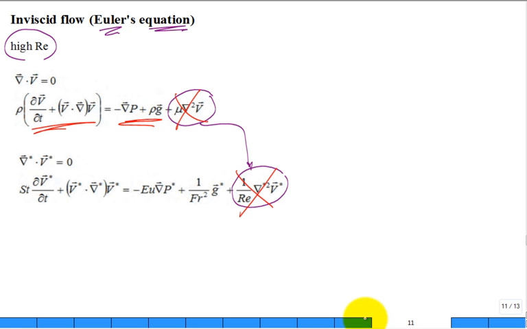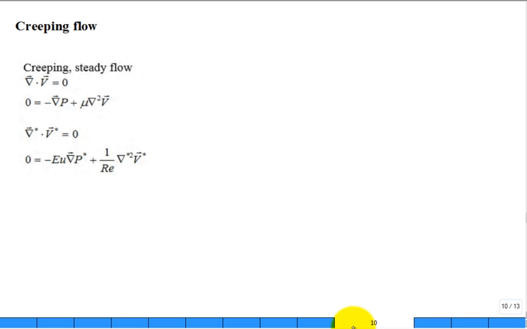Okay. Another one to note is what happens if you have creeping flow, going very, very slow. What about creeping flow? Well, that would be the Reynolds number low. If the Reynolds number is low, 1 over the Reynolds number is important. Don't throw it out.